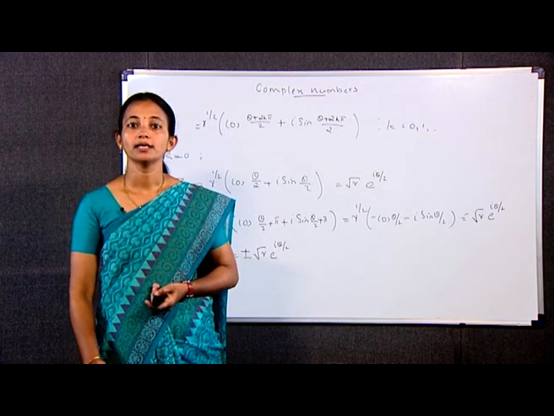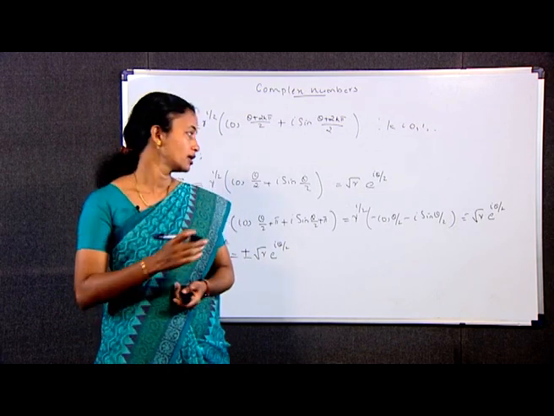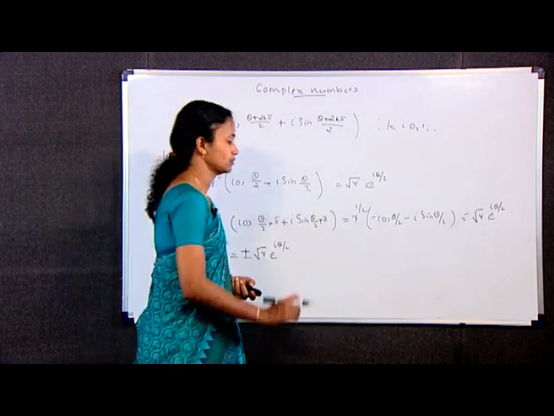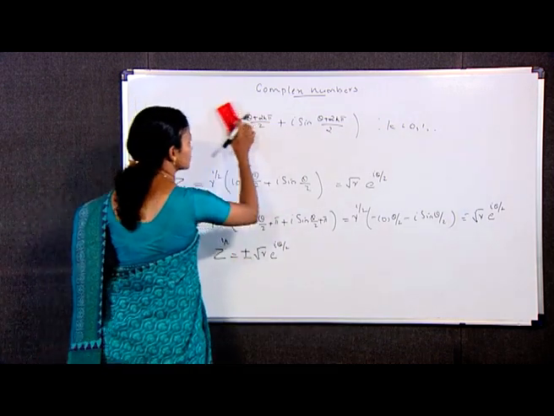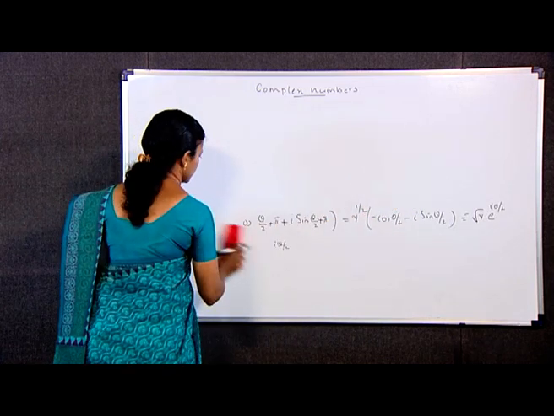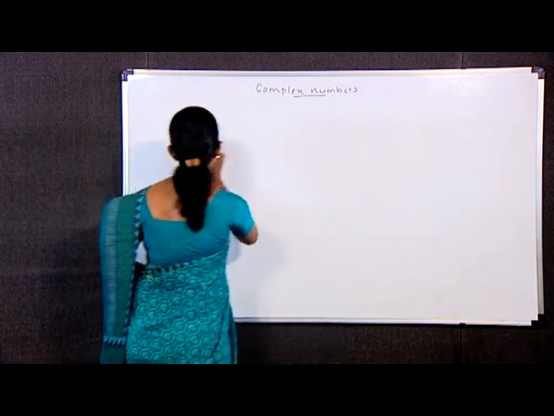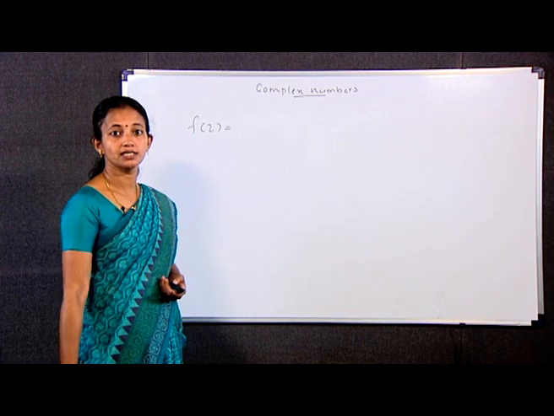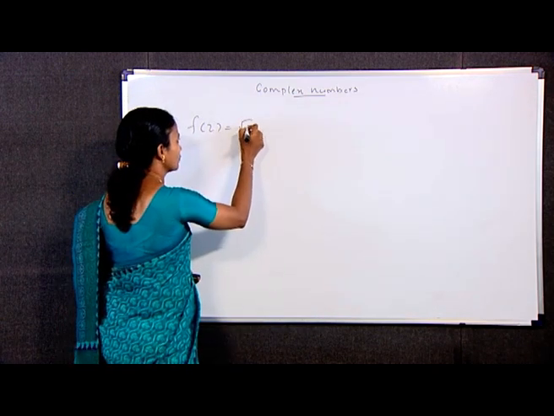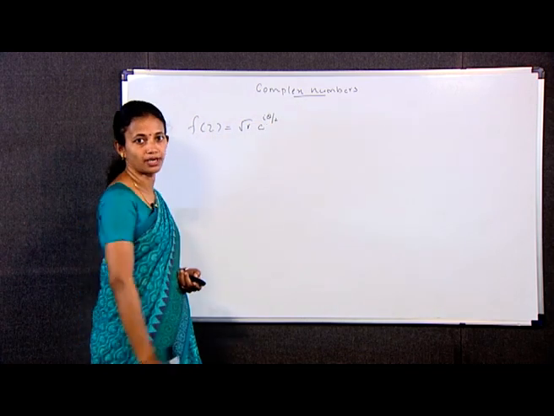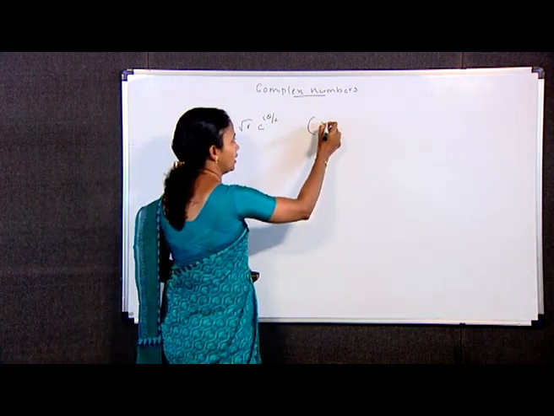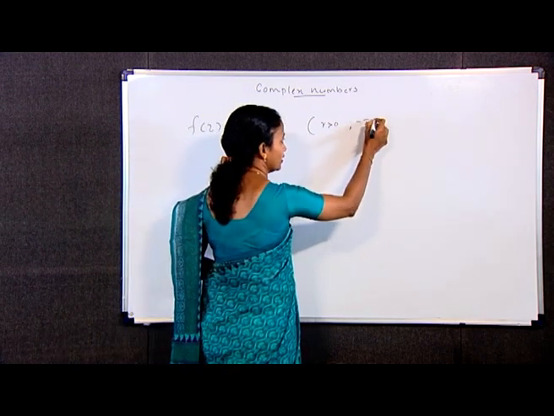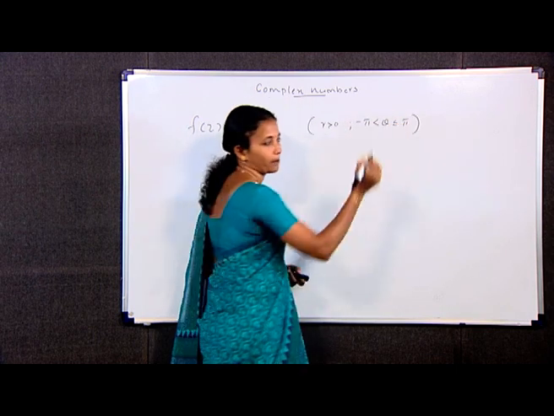We choose only the positive value of ± √r and write f(z) = √r e^(iθ/2), where r > 0 and −π < θ ≤ π.